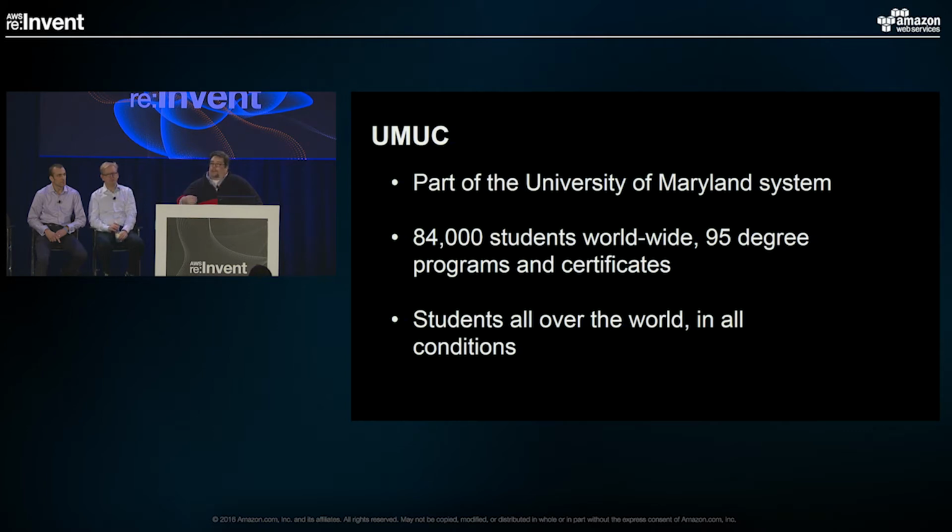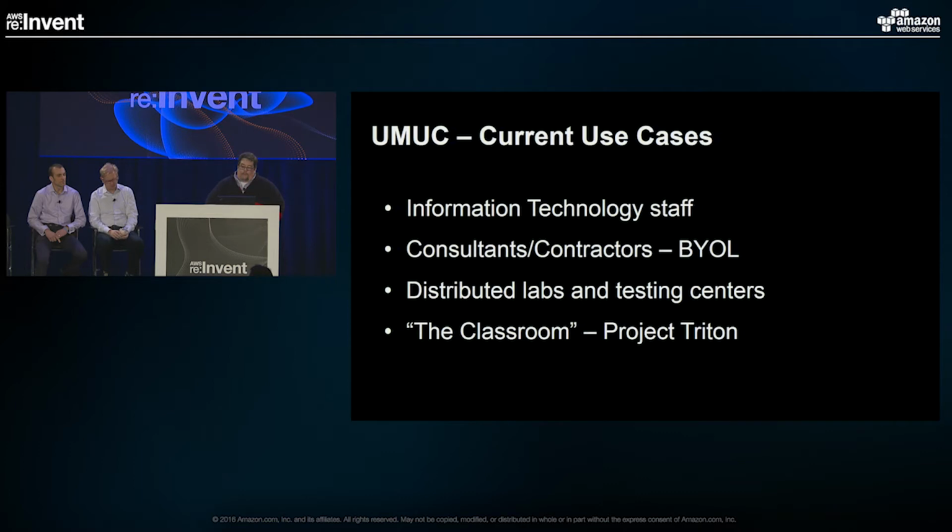So we have some challenges that I think the traditional college campuses don't necessarily have. As we keep that in mind, we have 4 different use cases at University of Maryland, and we'll talk specifically about one of them. But I want to also mention that our IT staff are using Workspaces as a platform into the rest of the restricted network, so we're keeping their local devices out of the mix.